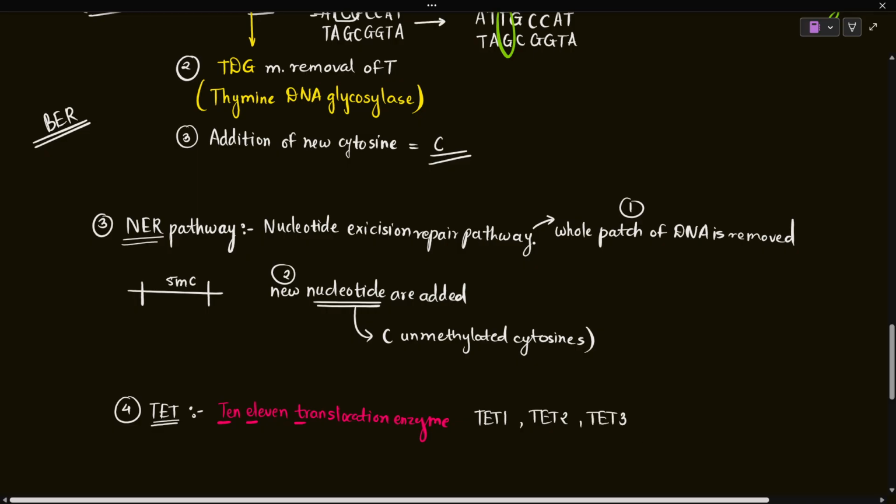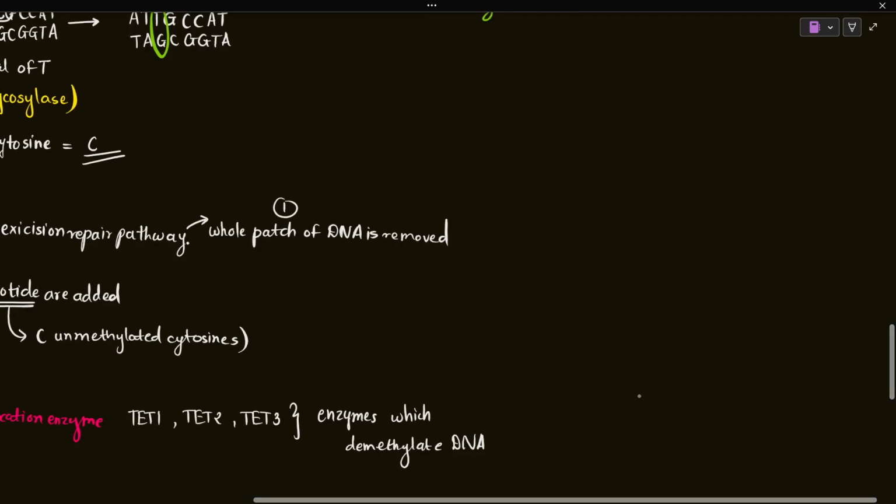All of those proteins are the enzymes which demethylate DNA. So how do they do that? We already saw that breaking of a carbon-carbon bond is not possible in physiological systems, because it is thermodynamically not favorable. So these TET enzymes have a very new approach.